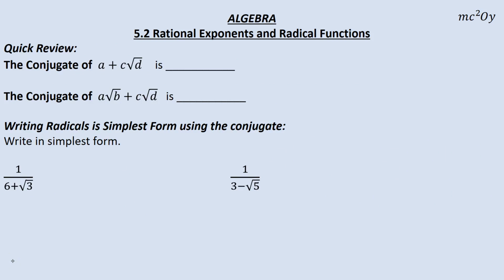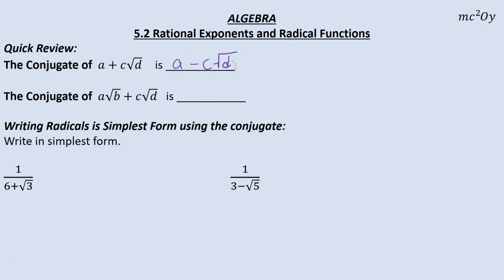About conjugates, just a quick review. We're discussing that because it's going to allow us to get radical expressions out of the denominator. So in other words, where you're adding a radical to a number. The conjugate of a plus c root d, remember, is what you could multiply it by, and it'd actually get rid of that root completely, and that is a minus c root d.